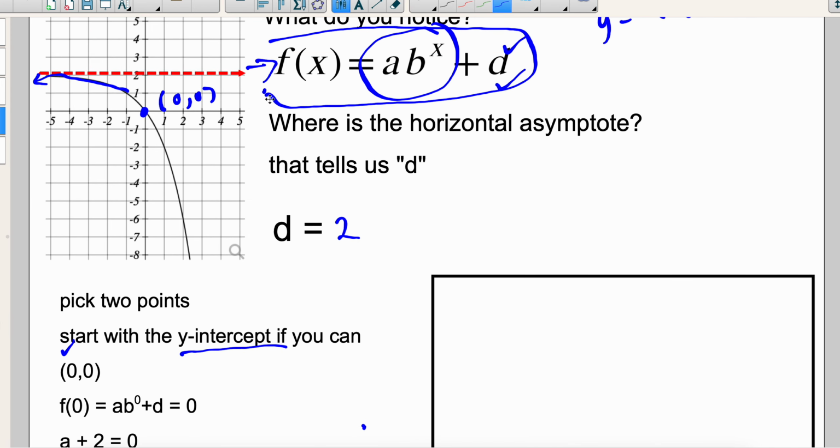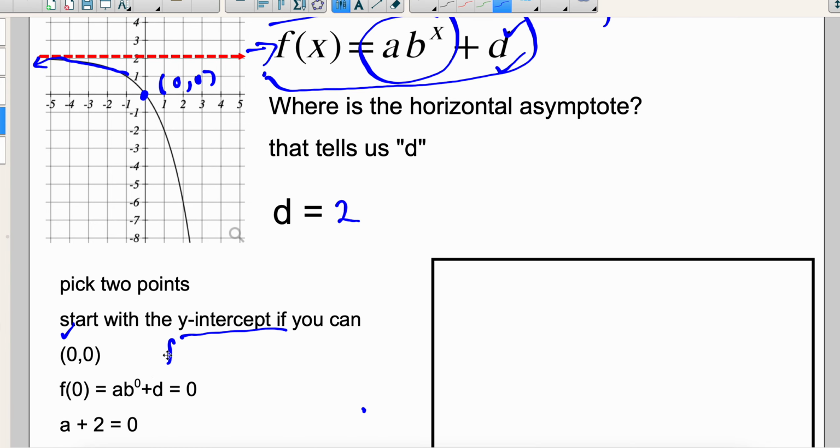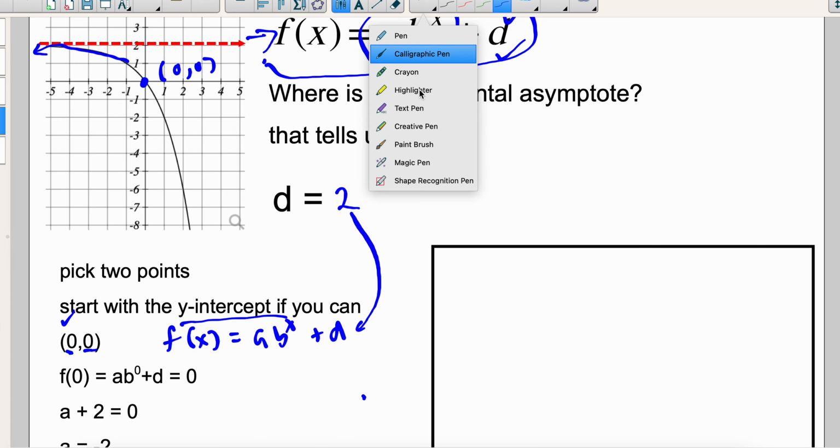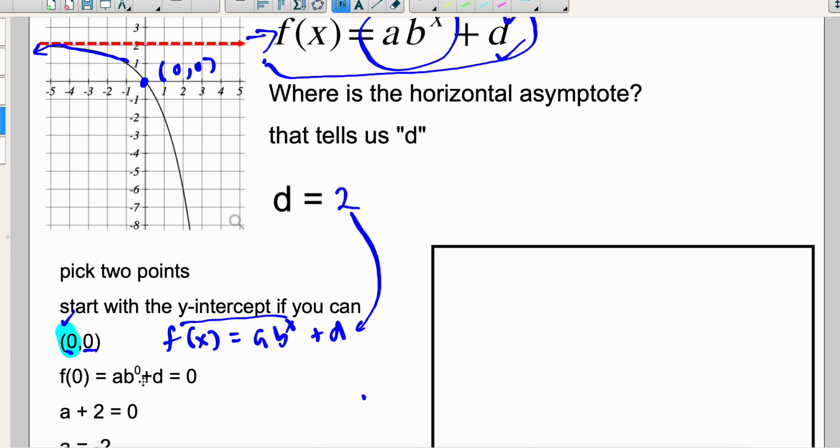I'm going to take this general form, f of x equals a b to the x plus d. But I've already figured out what d is. So I'm going to take my point. My x is 0. My y is 0. And I'm just going to plug that into my formula here.